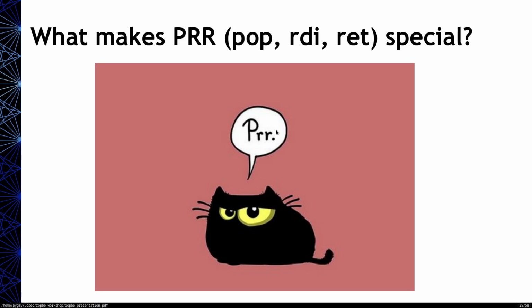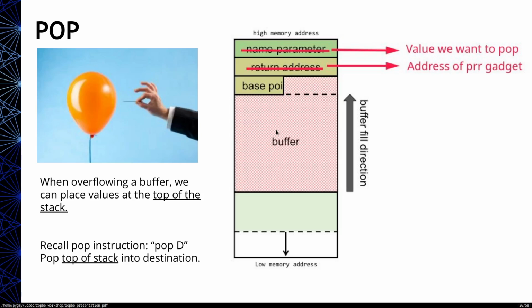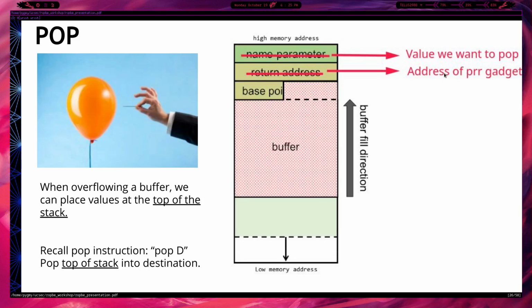Okay, so what makes pop RDI ret special? Well, the first instruction, pop, lets us basically pop a value off the top of the stack. So when overflowing a buffer, we can place values at the top of the stack. And if you remember, pop pops the top of the stack into a destination. So if we have a buffer overflow, we can replace the return address with the address of this gadget right here.